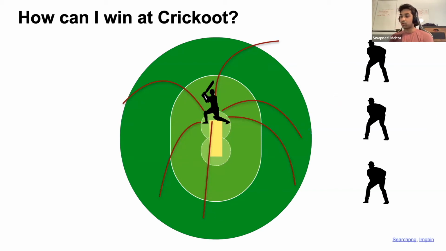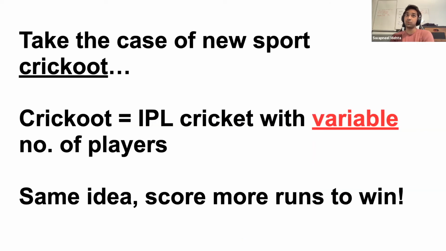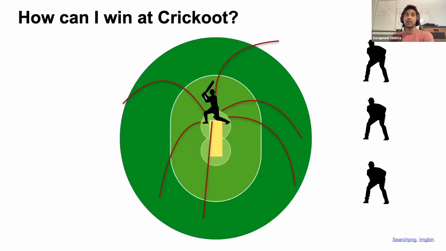My question now is, how can I win at Cricut? I've given you the batsman, and I've told you that this is the general area where this batsman is likely to hit the ball. And I've given you some players to start with. Remember that the difference is now you can have a variable number of players. So how do I win at Cricut?